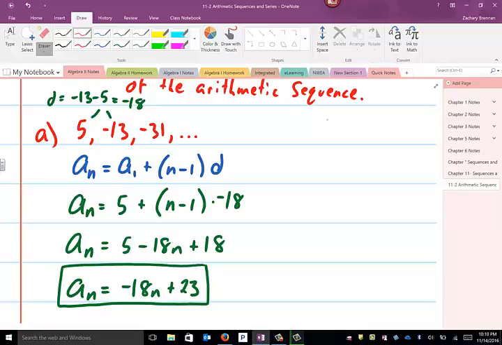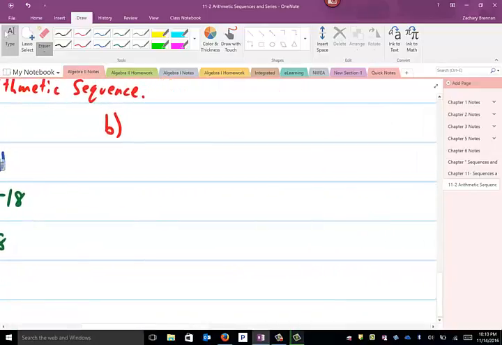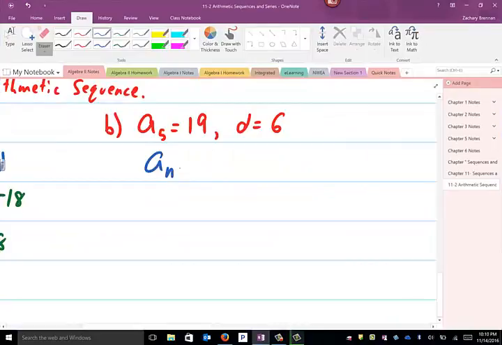Okay, let's try it again. This one for B is going to look a little bit different. It's going to say a sub 5 is equal to 19. And then it's going to say d is equal to 6. Okay, if I write the formula again, it's a sub n equals a sub 1 plus n minus 1 times d.